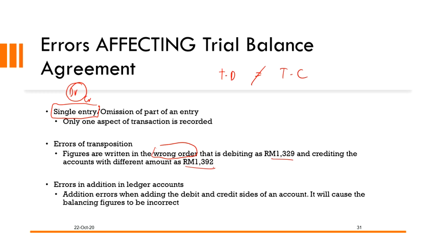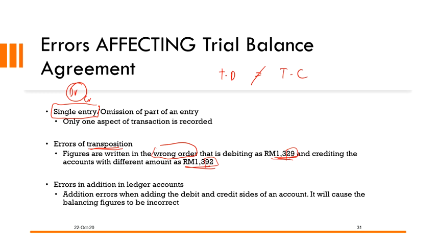This is called as errors of transposition. You salah tulis. So bila you salah tulis, of course 1329 berbeza dengan 1392. Okay, so of course it will affect your trial balance.